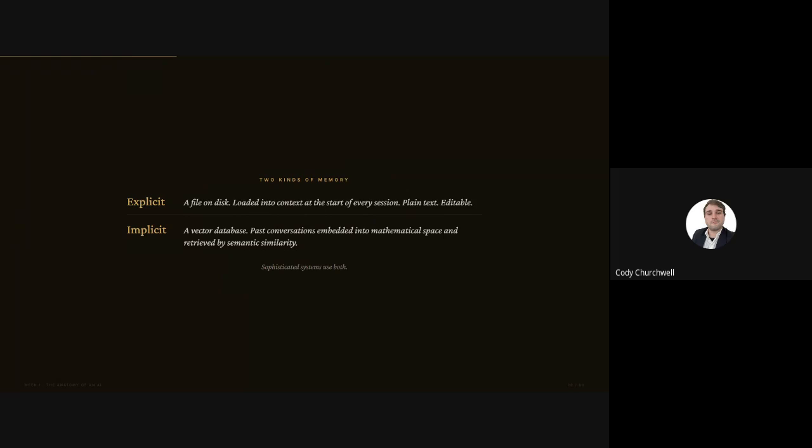Second, implicit memory: a vector database, where past content gets embedded into mathematical space and is retrieved by semantic similarity at query time. The second one has a name, RAG, or Retrieval Augmented Generation. Almost every sophisticated AI deployment in 2026 uses both.